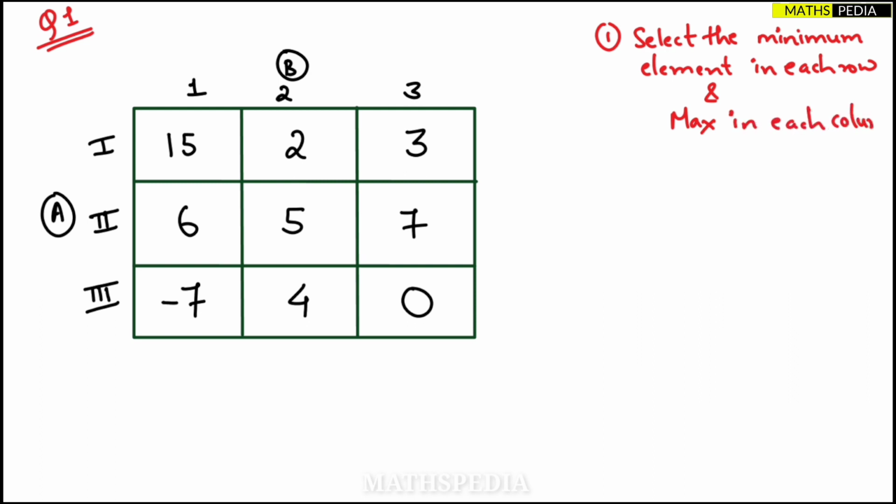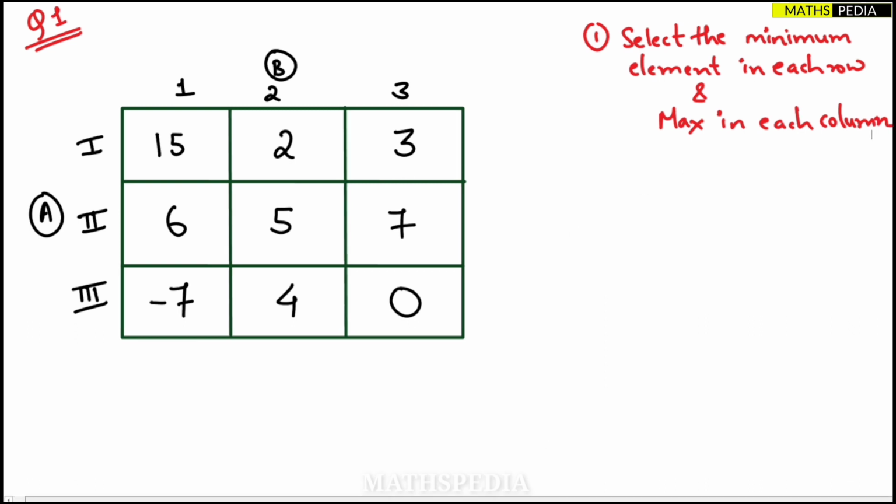Very important. So select the minimum element in each row, and the maximum element in each column. Now, how many rows are there? 3 rows are there. In that you have to select the minimum element in each row.